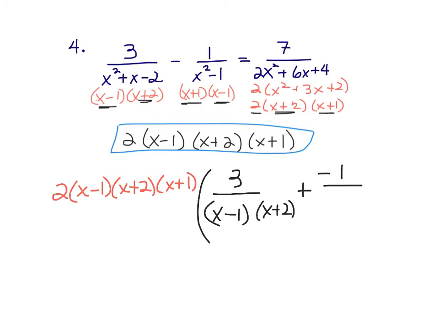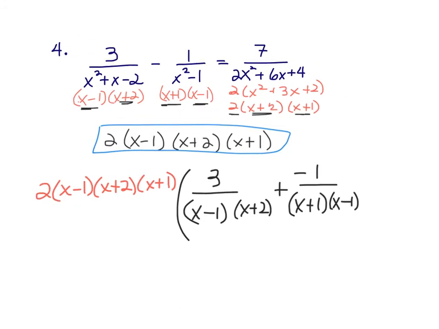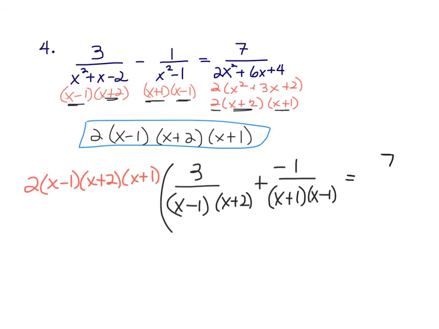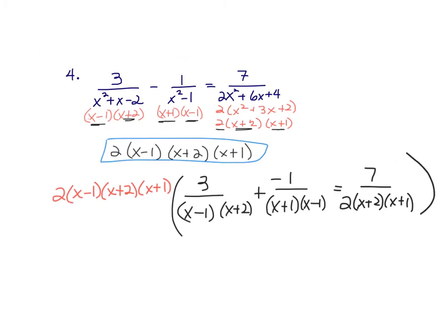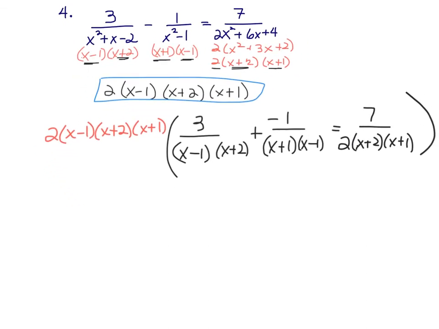And you know what, I'm going to move the negative up to the top just to make it easier for when we distribute. And then equals 7 over 2 times x plus 2 times x plus 1. Okay, so now I'm going to multiply that entire denominator in red to that original equation.